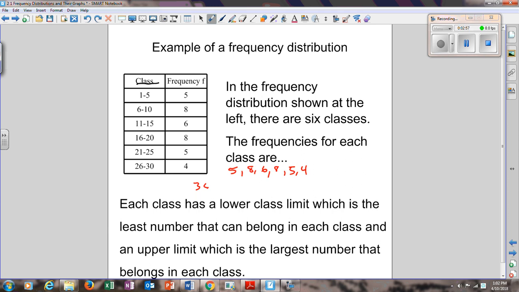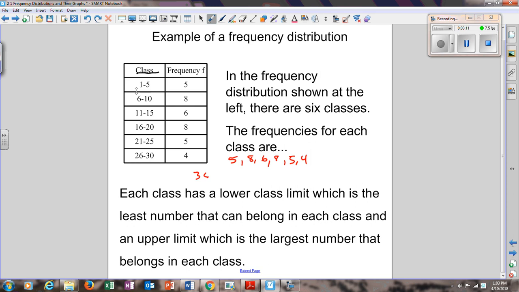Okay. Each class has a lower limit. So it's a lower class limit, which is the least number that can belong in each class. And then it also has an upper limit, which is the largest number that belongs in each class. So your lower limit for the first class is 1, and your upper class limit is 5. 6 for the lower class, and 10, 11, and 15, 16, 20.